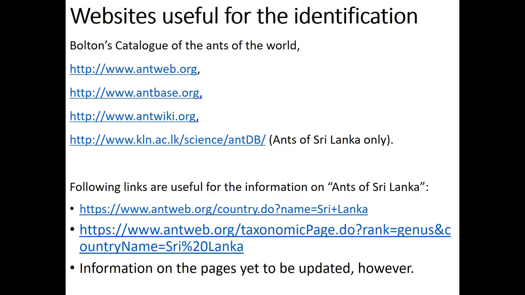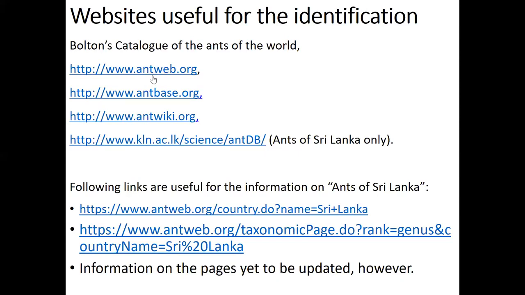At the time I started ant research, Bolton's book was very valuable to identify ants to the subfamily and genus level. As I said, it's still valid for some subfamilies and some genera. Although there are no keys, this one you can try. There are many images added.